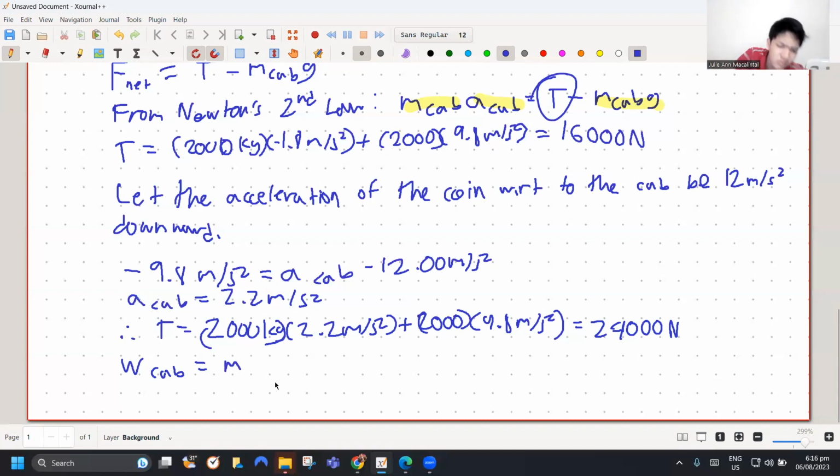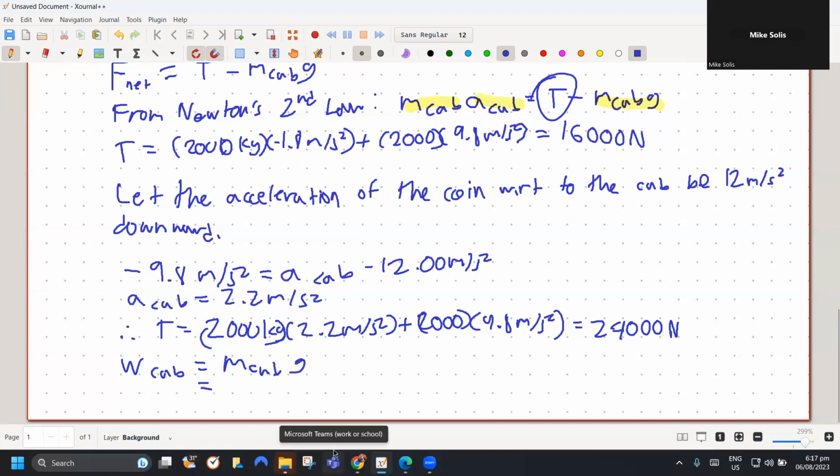Mass times ano? Yung acceleration. Mass of cab times G, so acceleration due to gravity, tapos ginagamit lang natin absolute value para dyan. Pero kung may direction, downward yan. So 19,600 newtons downward.